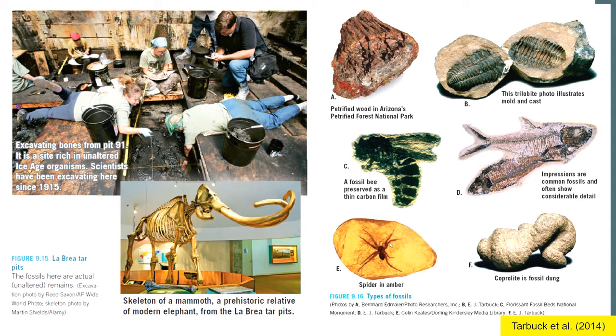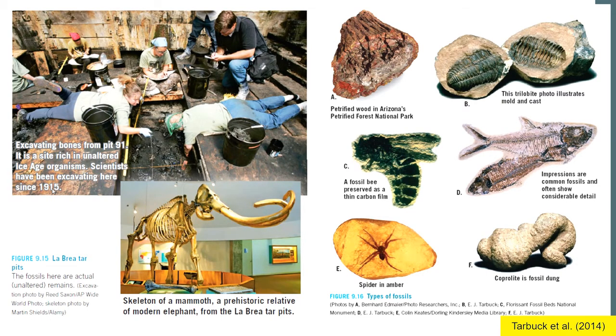These are excellent fossil records, and this one is a skeleton of a mammoth that they were able to dig from the La Brea tar pits. Here you can see them excavating from the tar pit. Scientists have been excavating from the La Brea tar pits as far back as 1915.